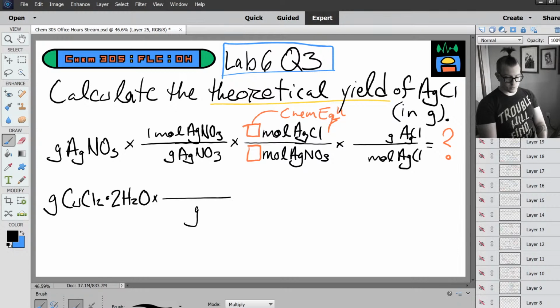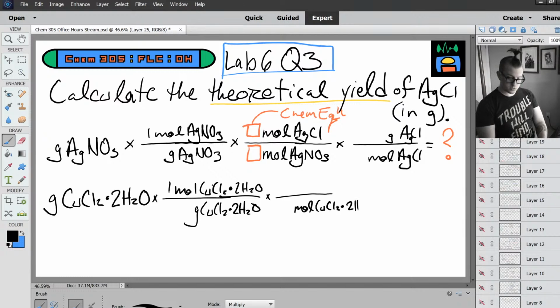You repeat the same calculation down here. You start by converting grams of copper 2 chloride dihydrate to moles of copper 2 chloride dihydrate. Then you convert from moles of copper 2 chloride dihydrate to moles of silver chloride. And again, this molar ratio comes from the chemical equation.